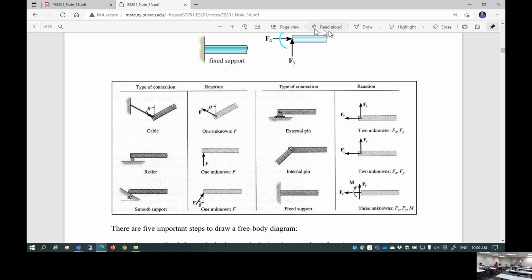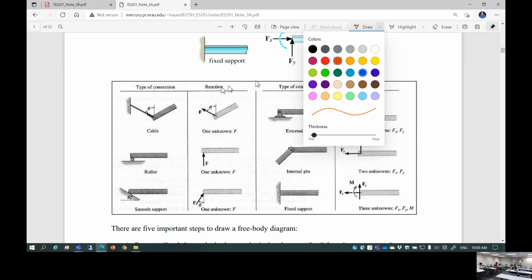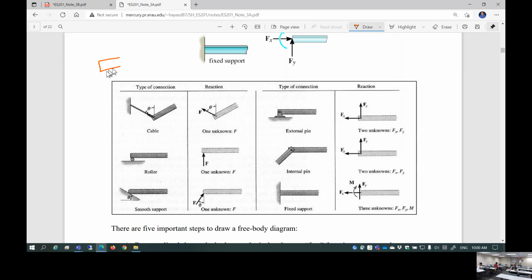If you see a support structure like this, one end is actually pinned to support. However, this whole thing is on top of a roller. If you see this kind of thing, this is free to move, right? So this is the same as that. Okay? Great question. I appreciate that.